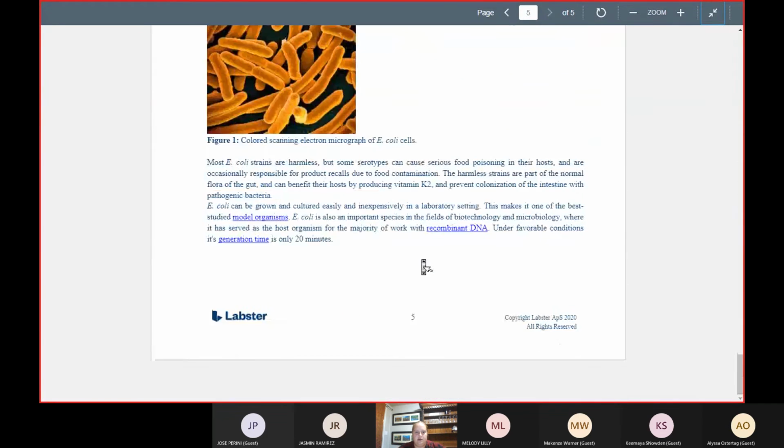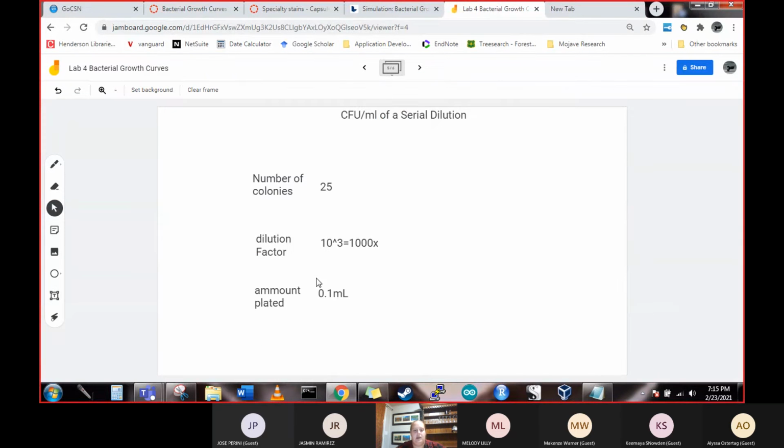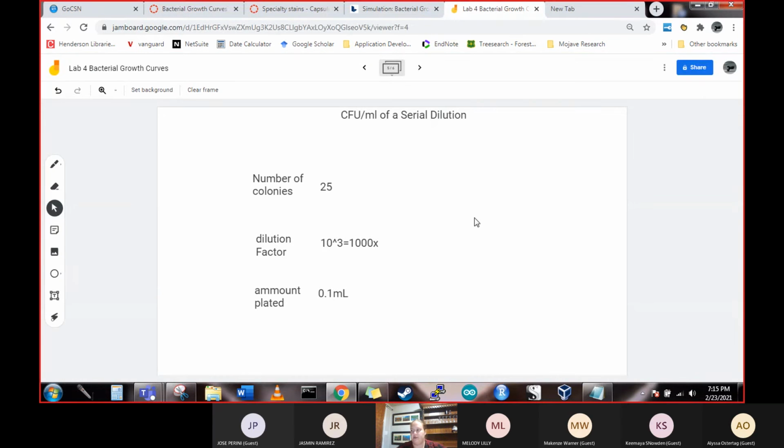Actually, I didn't even show it here. You guys are going to be doing this quite a bit in the simulation, and this is where I may pull out some additional pictures from the simulation and create a separate little video. But basically what you're going to be doing here is taking your number of colonies divided by the amount plated times the dilution factor.